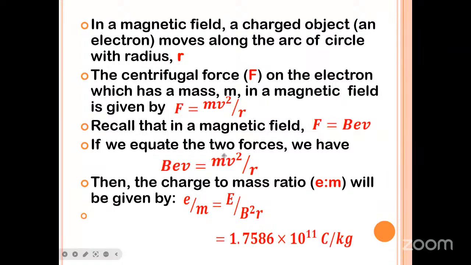Now, in my previous slide, I said V is equal to E over B. So instead of writing V over BR, wherever you have that V, put E over B, then you will have E over B squared R. I want to believe that's clearer.